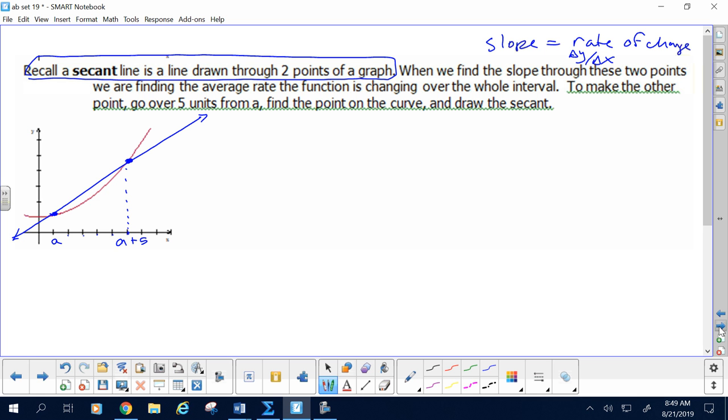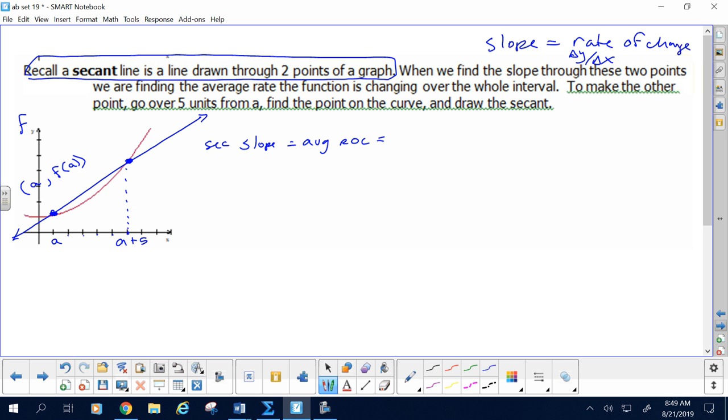How could you find the slope, the secant slope, or the average rate of change between those 2 points? How do you find change or slope between 2 points? Let's actually go here. If I call this function f, then what are the x and y at this point? The x is, talk to me, a, and the y is f at a, whatever that might be.